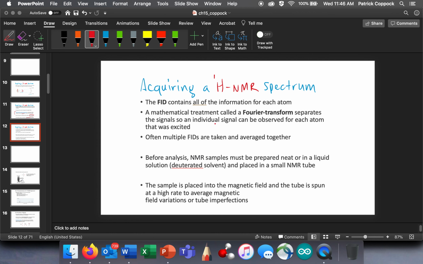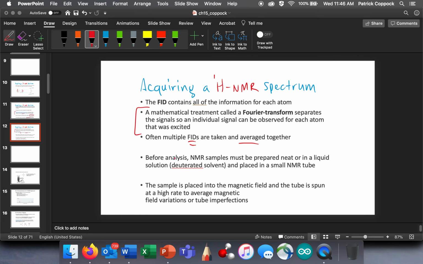Now, the FID contains all of the information for each atom. We treat it with a mathematical technique called Fourier transform, and it separates the signals out. We oftentimes are going to do a bunch of them so we get a cleaner separation. We do a bunch of them, and then we average them together.